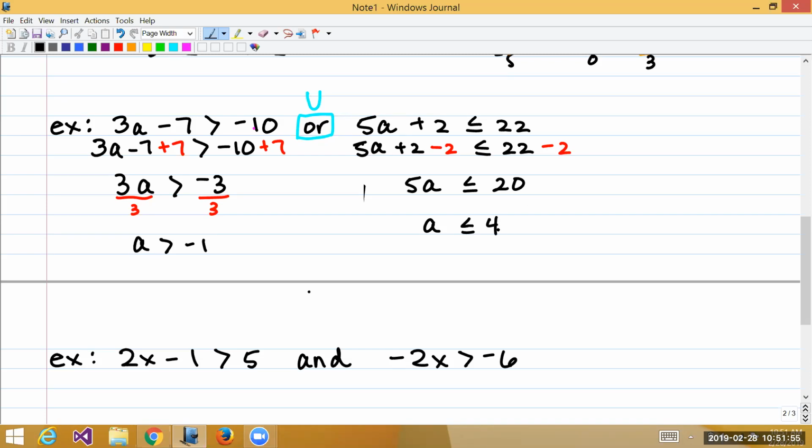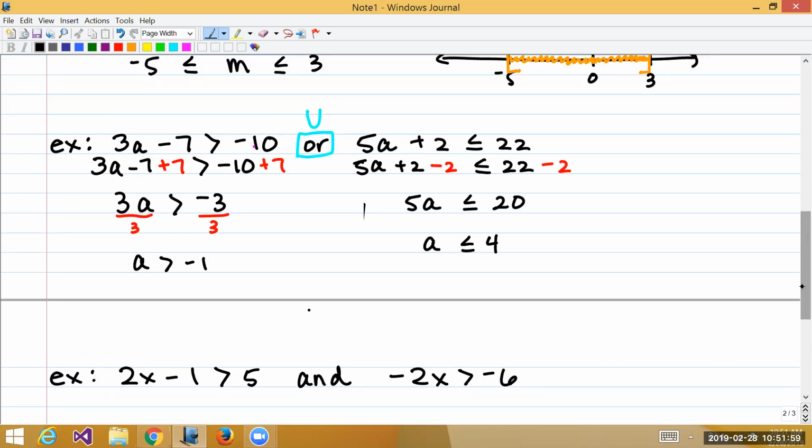So let's see if we can graph this on a number line. I ran out a little bit of room, but we can do this here. So let's say here's 0, here's -1, and I want 4. So I want every number that is greater than -1. Now remember, this is a union, okay?